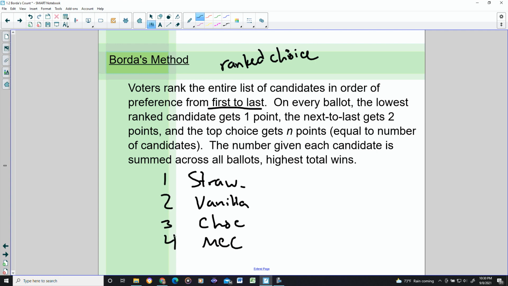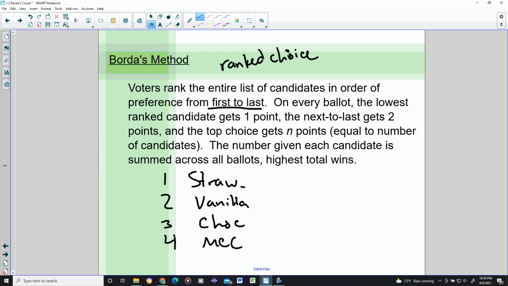So let's say that strawberry was ranked as the number one choice, vanilla was number two, chocolate number three, and mint chocolate chip was the fourth choice. I'm just throwing this out there. This is not my personal preference. Actually, I would flip strawberry and vanilla, but I'm more of a vanilla person. But anyway, in this particular case, a person votes this way.